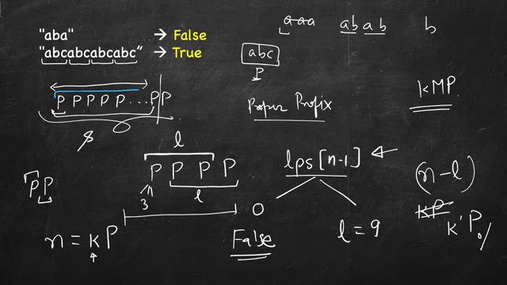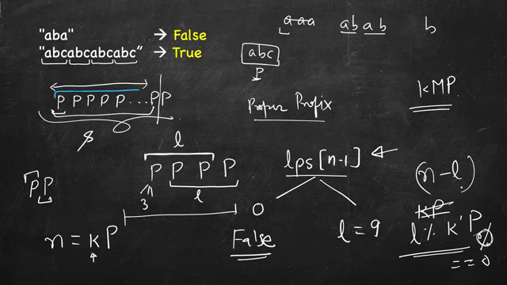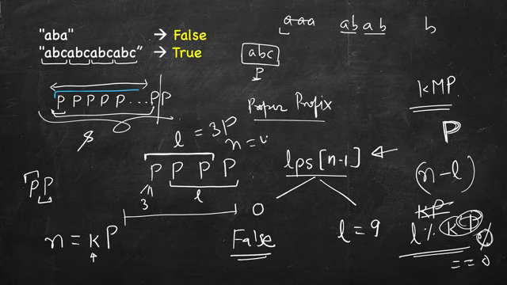So if you take L modulo n minus L, then it should be 0. In this case, L is 3P and n is 4P.